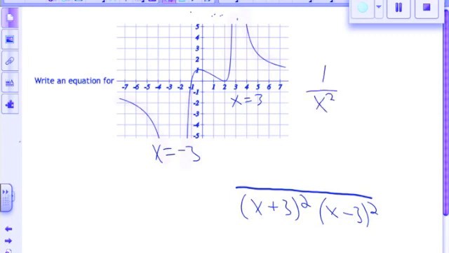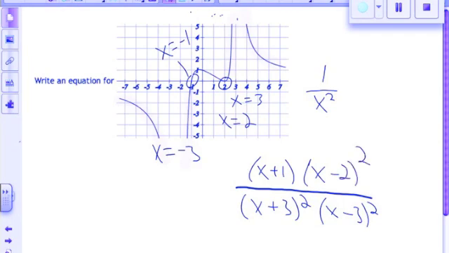I'm trying to get that behavior acting at each of those asymptotes. I'm also seeing a 0 at x equals -1, so that would be a factor of x plus 1 in the numerator. I'm also seeing a 0 at x equals 2, and as we did in polynomials, it looks like it bounces there. So I'm going to write x minus 2 squared. Probably some kind of stretch factor going on.